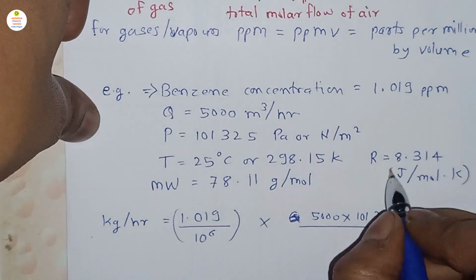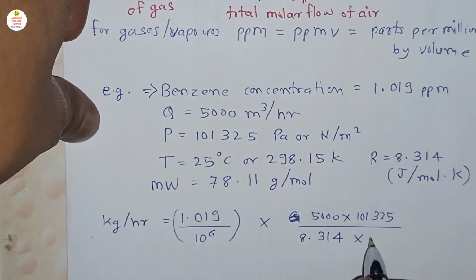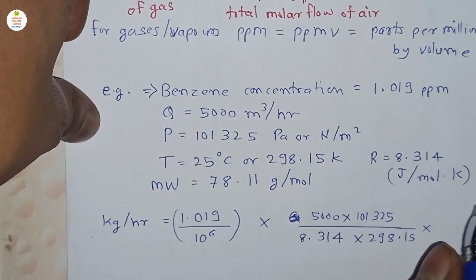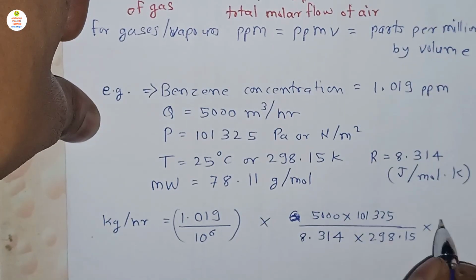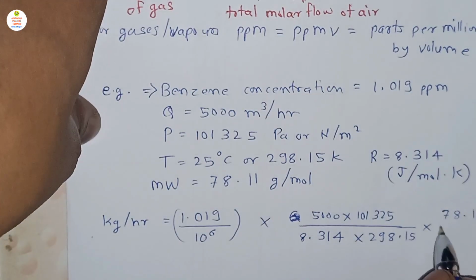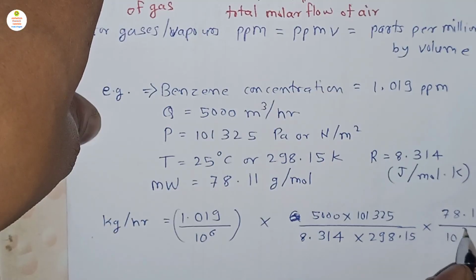Okay, so here 8.314 into T is 298.15, into, we have now further Mw, which is 78.11 upon 10 raised to 3.